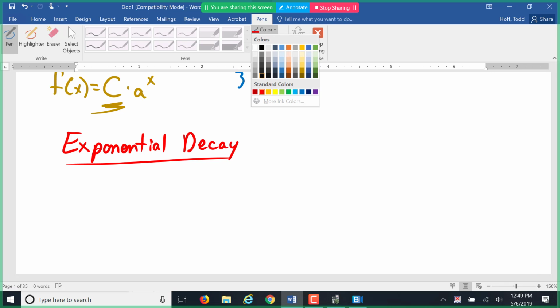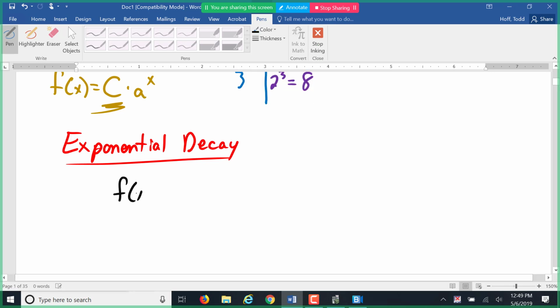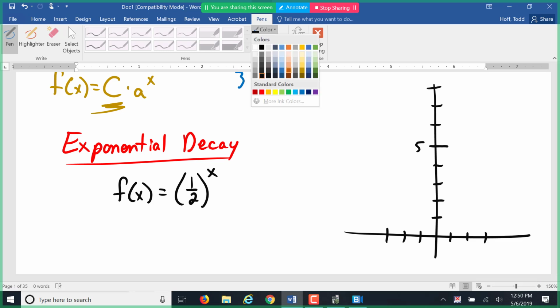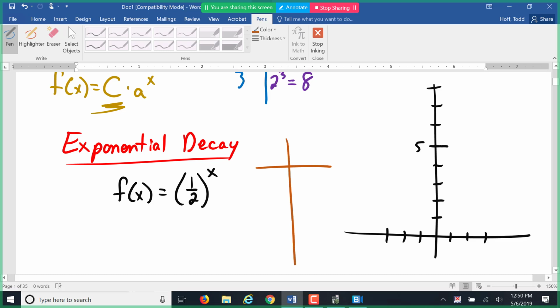A classic formula for exponential decay would be f of x equals 1/2 to the power of x. If I were going to make a table here and graph these, let's go -3, -1, 0, 1, and 3 again for x.